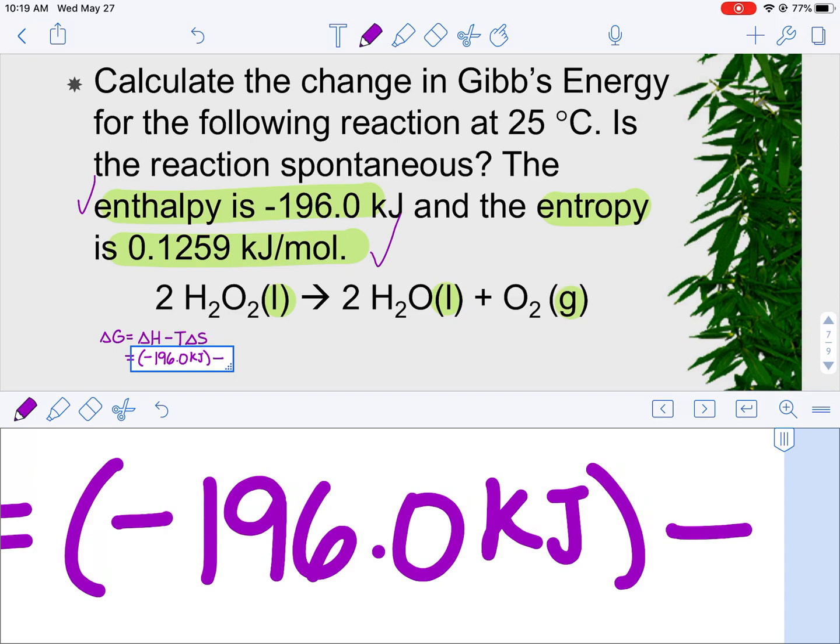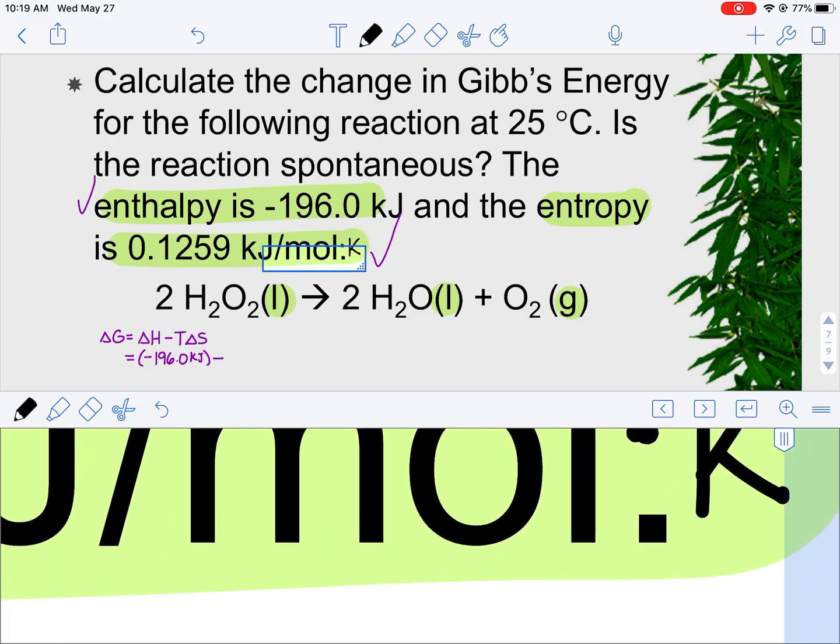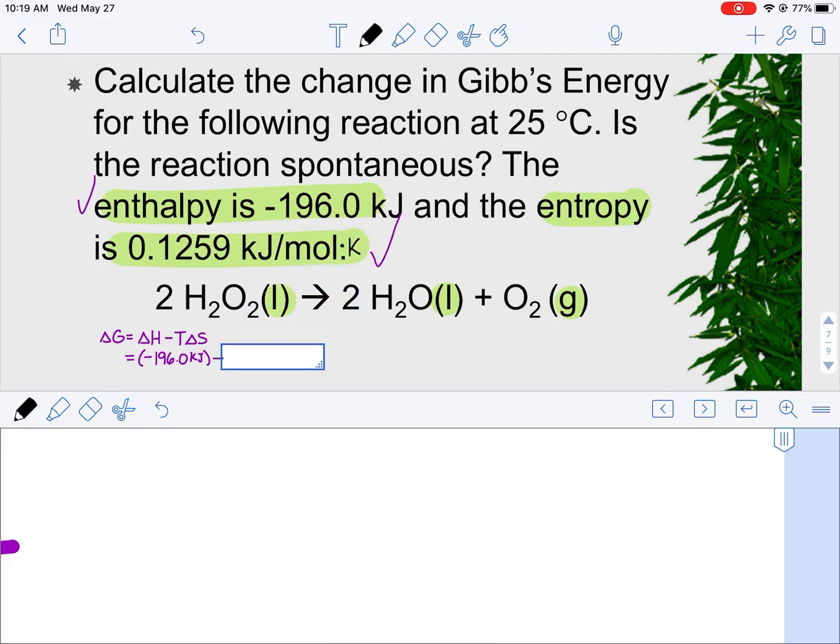Oh, whoopsie daisies. Uh-oh. Sorry. Entropy's unit is kilojoules per mole Kelvin. Our temperature needs to be in Kelvin.